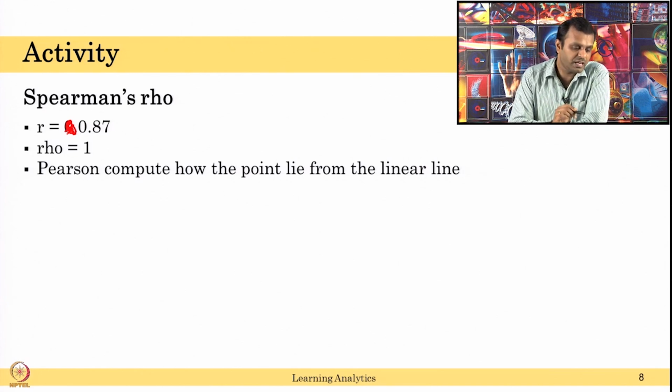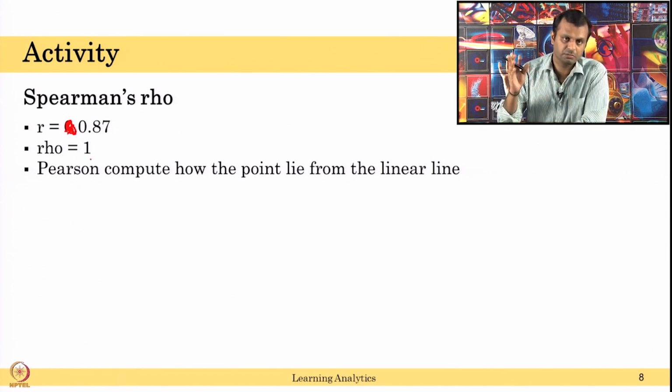But rho indicates 1, it means for all the increments in x, y also increases. They may not be in the linear scale of increment, but whenever x increases, y increases, maybe on a different scale, but there is a relationship, that is why rho is 1.